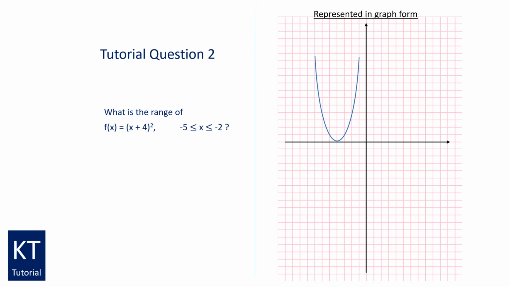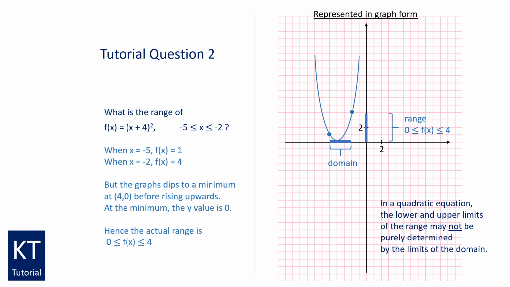Now on to tutorial question 2. What is the range of f(x) equals (x plus 4) squared for a domain of x lying in between minus 5 and minus 2?